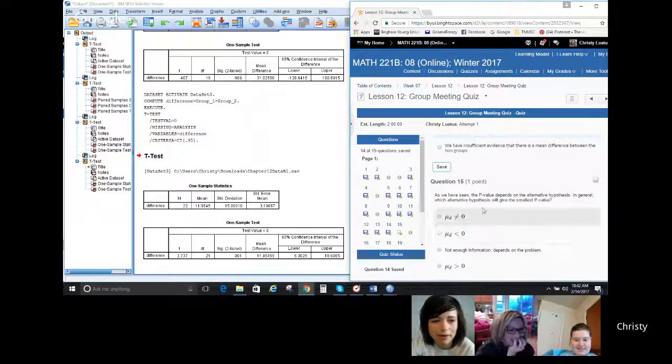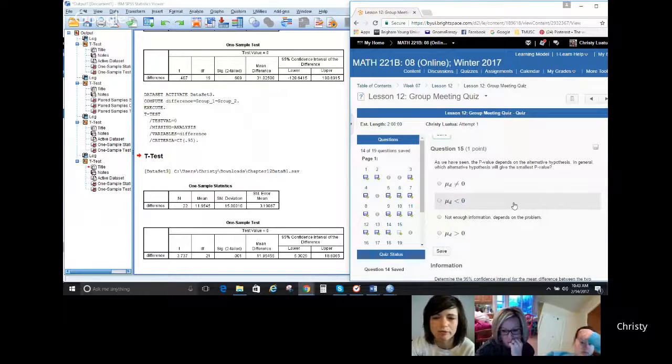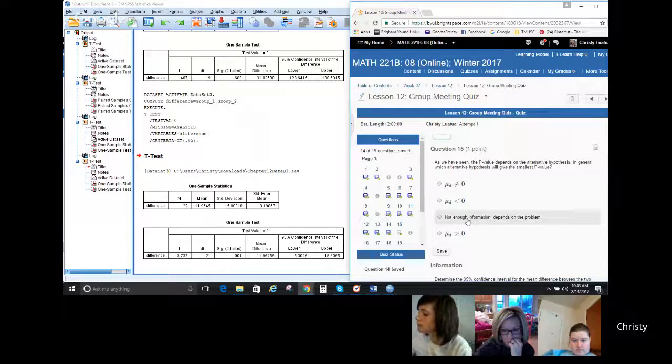As we have seen, the p-value depends on the alternative hypothesis. This is the smallest value. They're both of those because you divide it by 2, but maybe it depends on the problem, because it really depends on what the alternative hypothesis is, right?